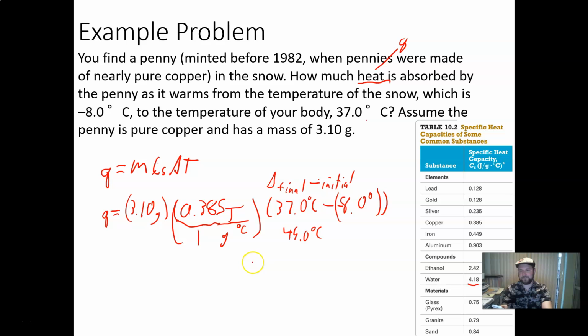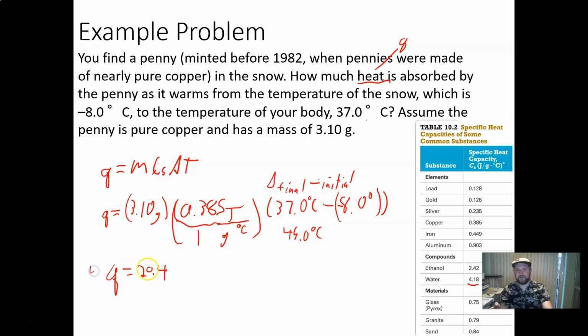Times 0.385 times 3.10. Now I got Q is equal to 20.4. Following along on your calculator, I hope you got that, because I'm going to double check my calculation, since that is not right. I think I got it wrong. So 45 times 0.385 times 3.1.